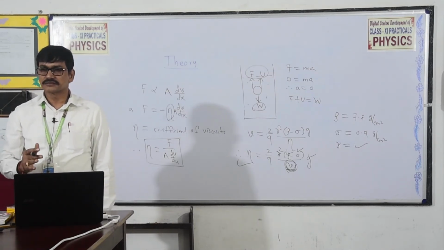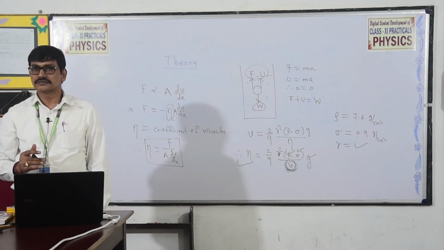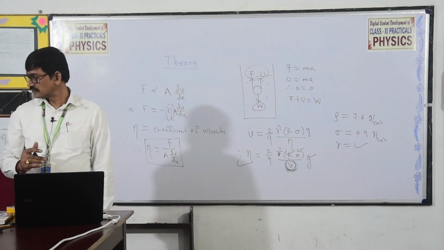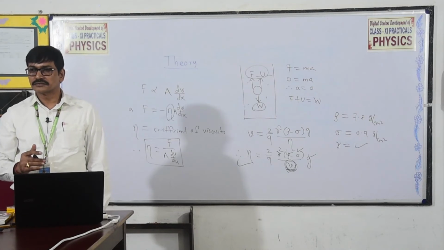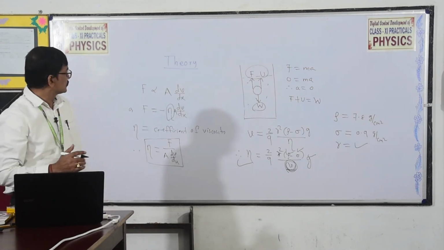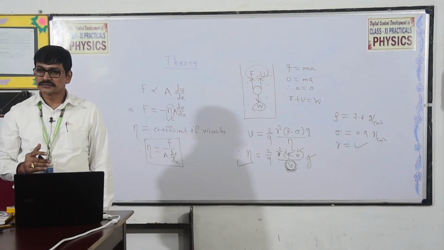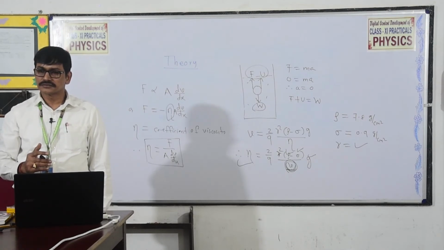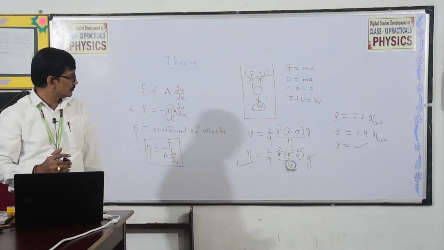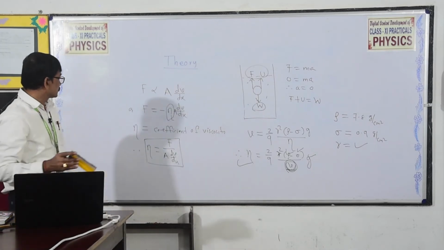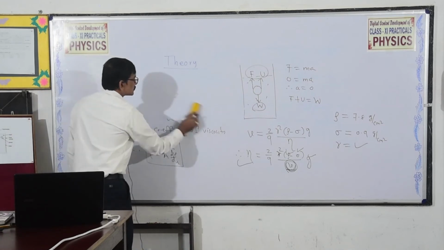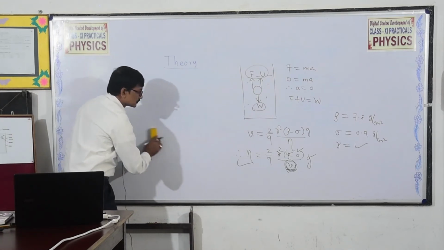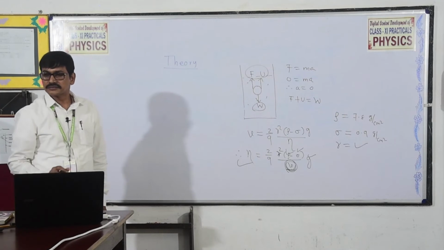Here, marks are given at regular intervals around the cylinder. At position 40, then at 60, then at 80. That means at a difference of 20, there are 3 marks. And we assume after passing through a column of castor oil, the steel ball will attain terminal velocity. We will use a stopwatch.